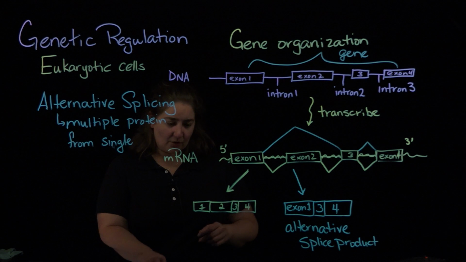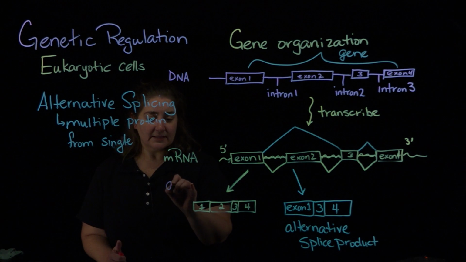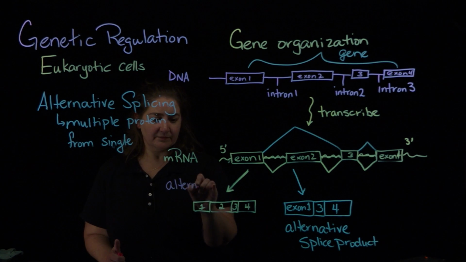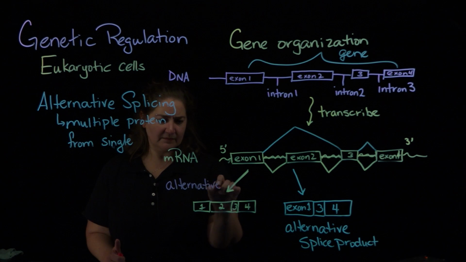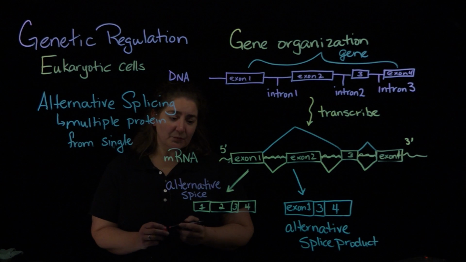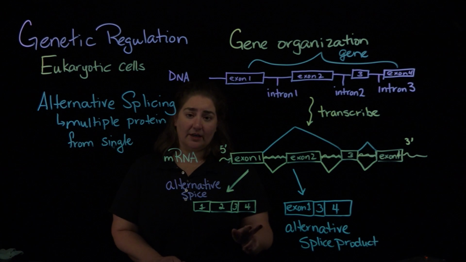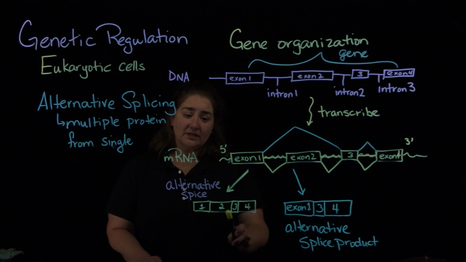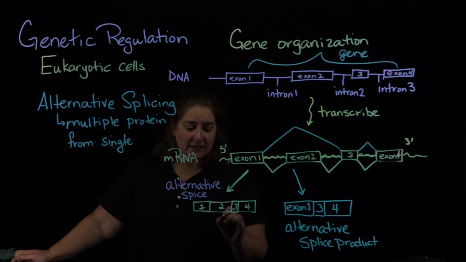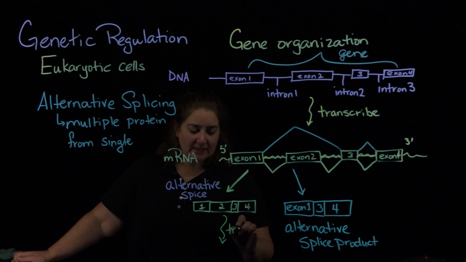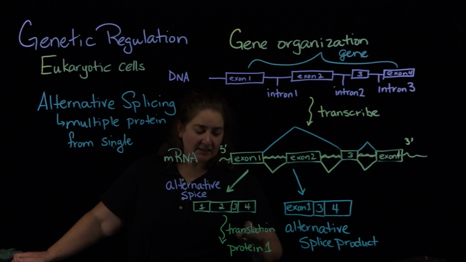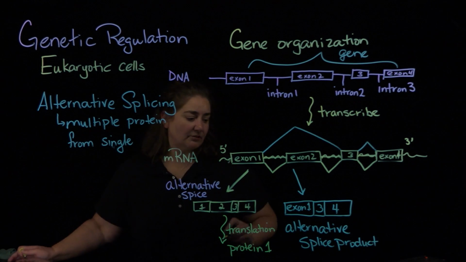Okay? So our alternative splice product is still an RNA product. From this point then, we would get translation, and we're going to translate this to protein 1, okay?